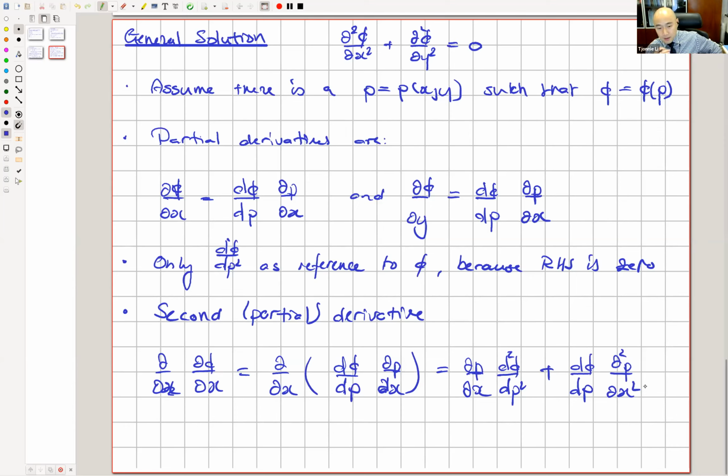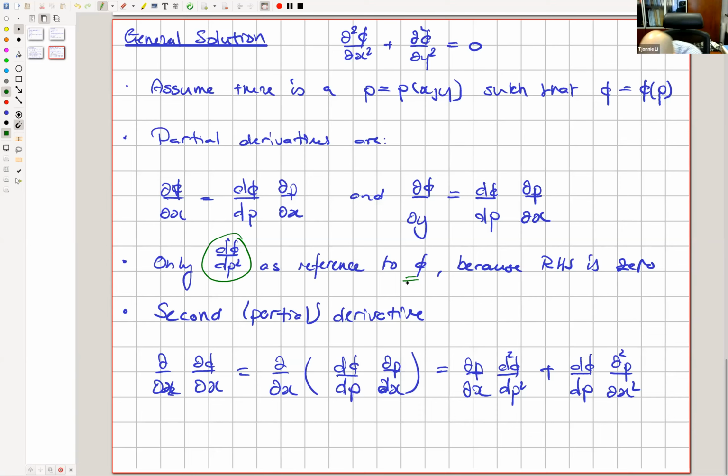Now, remember that I only want this to be the reference. I only want this term to survive here. I don't want any other term with phi. In that case, I can take it out of the full equation, and I get something that only depends on p and x and y.